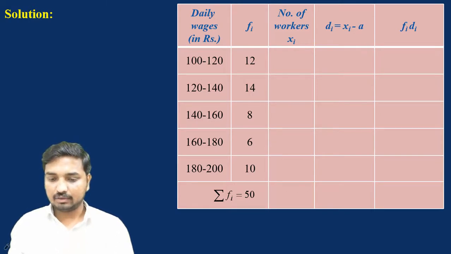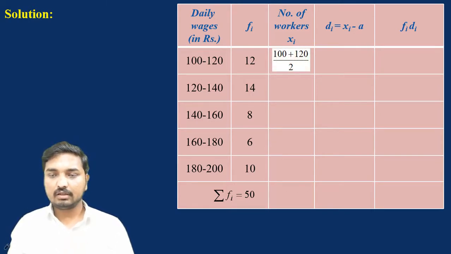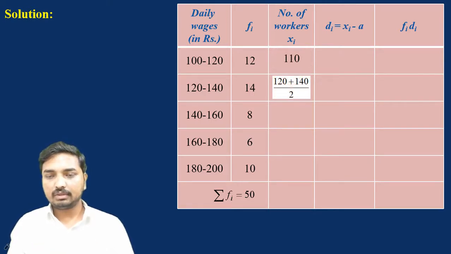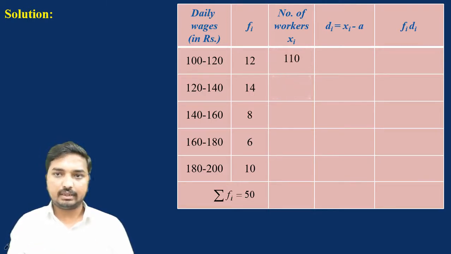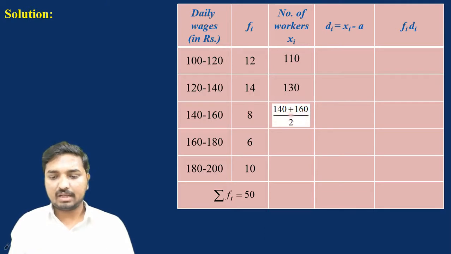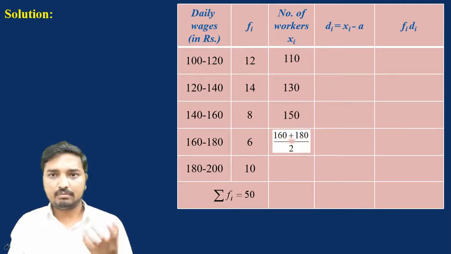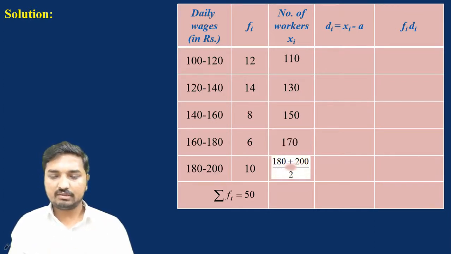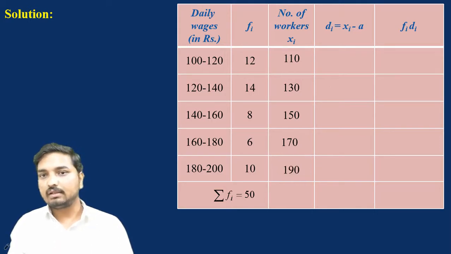You can add that one. The next one is the third column, xi. It is generated like this. I think you have understood, no need to explain this one. 140 plus 160 by 2 is 150, 160 plus 180 divided by 2 is 170, and 180 plus 200 divided by 2 is equal to 190.